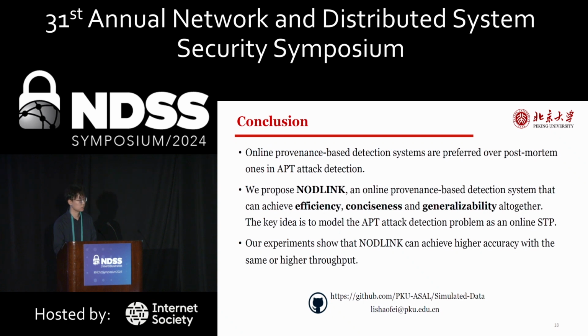Hi, thank you for the talk. My question is about how NODLINK would handle a case where, in your Tomcat example, more than one APT exploits the same vulnerability. Is there a way to untangle the provenance graph in that way?